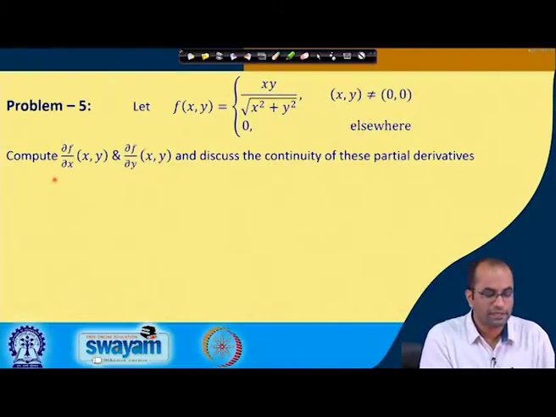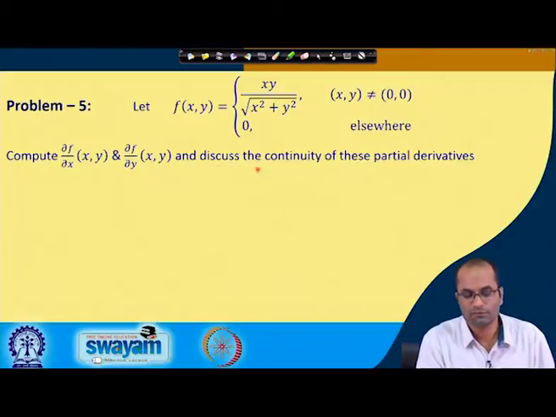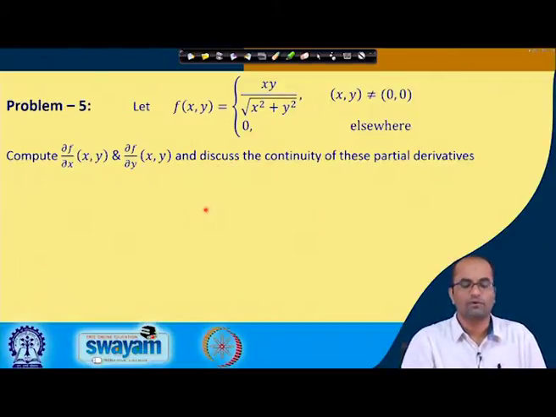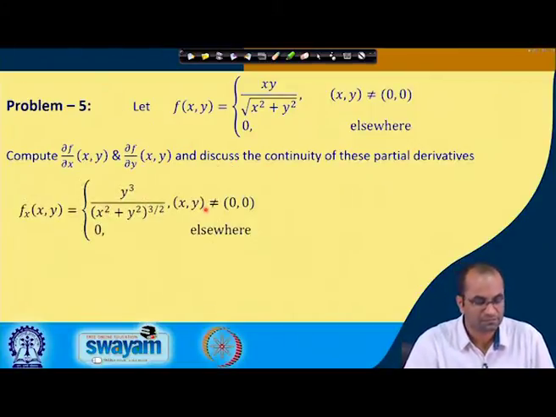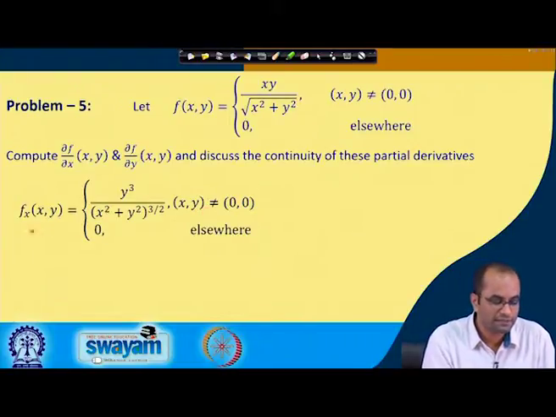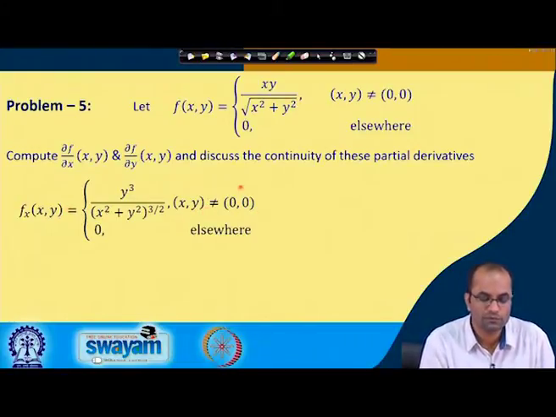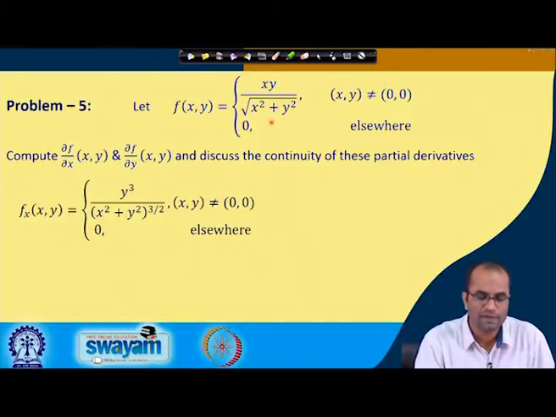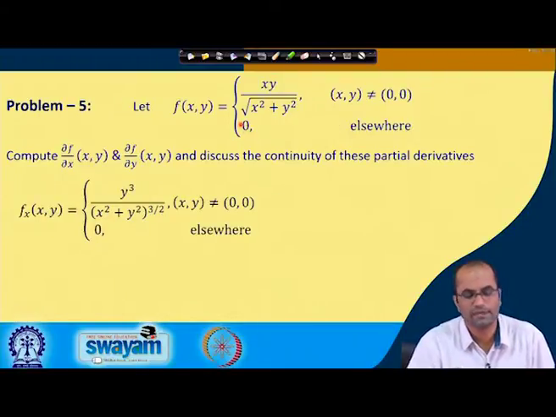So, this example again is to compute the partial derivatives with respect to x and with respect to y, and also we will discuss the continuity of these partial derivatives. So, here f_x when (x,y) is not equal to (0,0), we have this nice function. The problem is at 0, where we have to define it separately as 0.